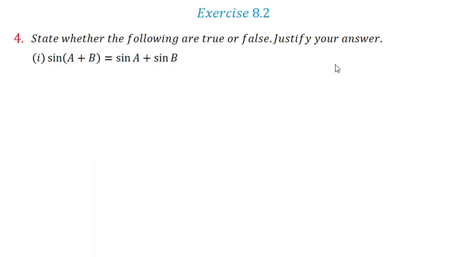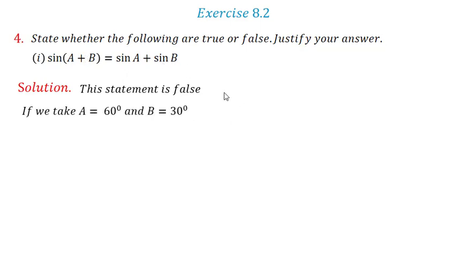Fourth question, state whether the following are true or false and justify your answer. First question is sin (a plus b) is equal to sin a plus sin b. Now I have to justify whether this statement is right or wrong. So for that, I will take two different values for a and b and check whether both the sides, that is left hand side and right hand side, give me the same value or different value.